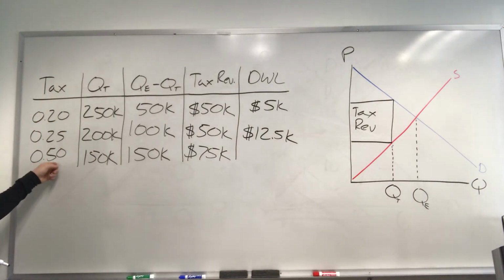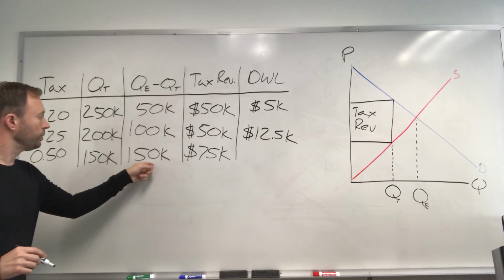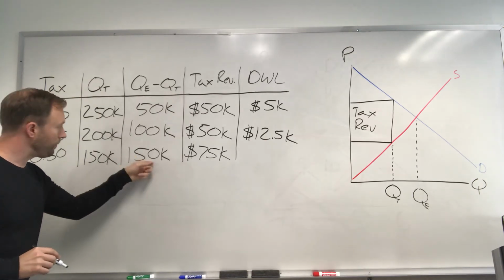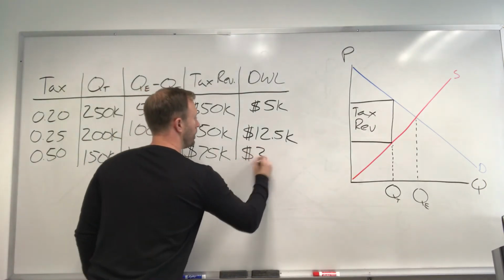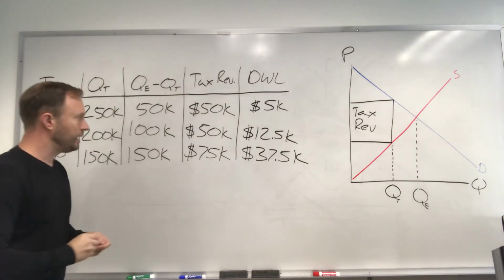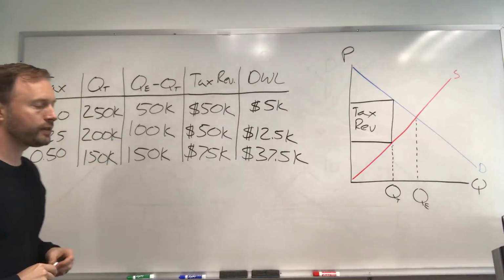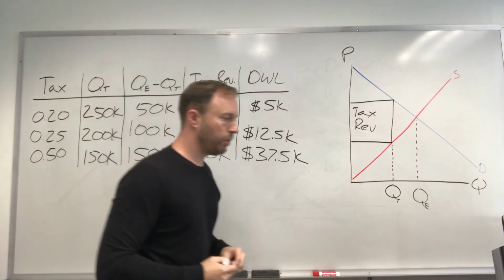And finally, 50 cents times 150,000 reduced units is 75,000. 75,000 divided by 2 is $37,500 in deadweight loss. Okay, so that's the answer to these two columns, which gives us the answer to part A.